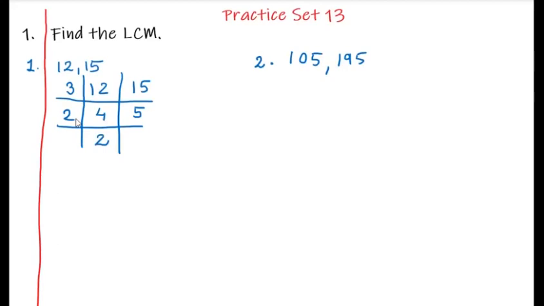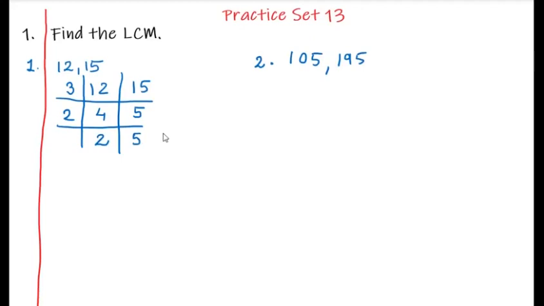Now if you see, the numbers obtained are 2 and 5. Both of them are prime numbers. They are divisible by their own table and by 1. And as both of them come in 1's table, we have to stop here. That means we have found the LCM now. So what is the LCM of these numbers 12 and 15? The numbers in this first column and last row are the factors for the LCM.